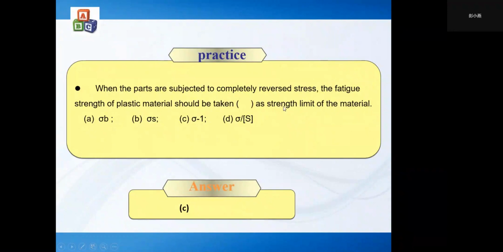Okay, answer is C. Sigma B is for brittle material under static stress. Sigma S is for ductile material under static stress. And sigma -1 is for the completely reversed stress. Okay.